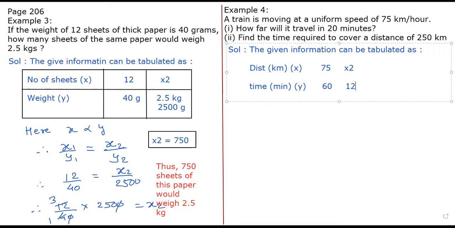Find the time, so Y3 because time is unknown. The third distance is known, 250. So how am I going to mention over here? Here X is proportional to Y. Yes or no?